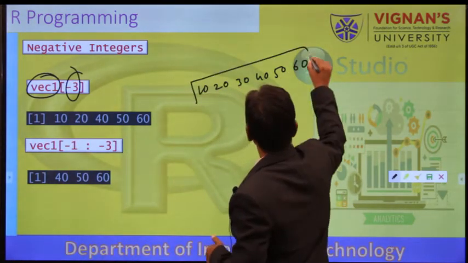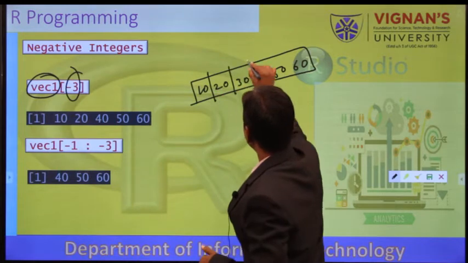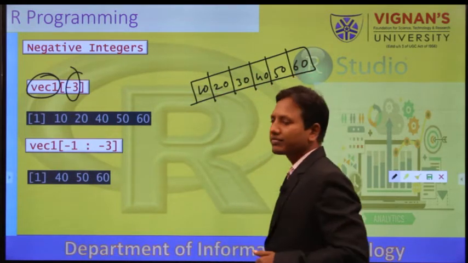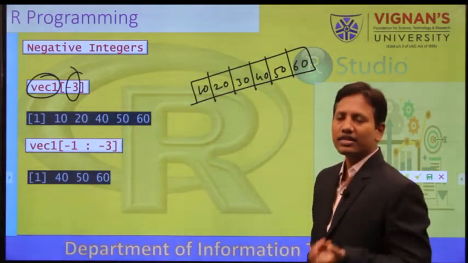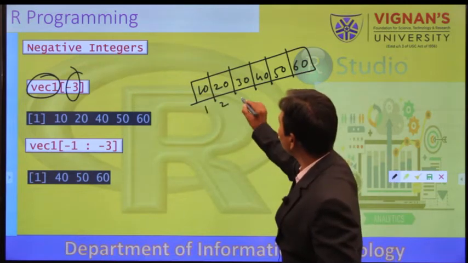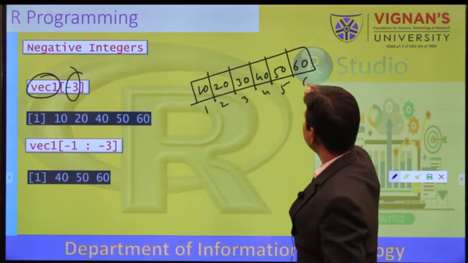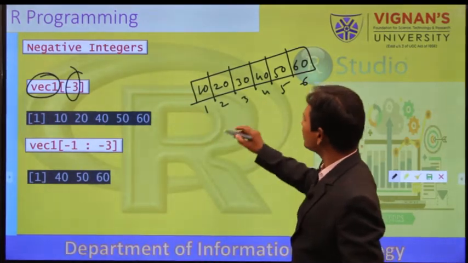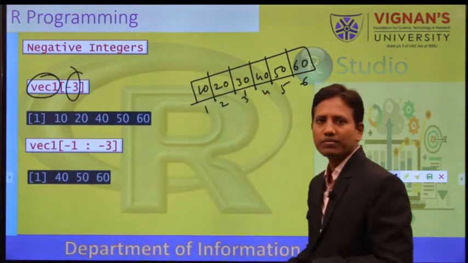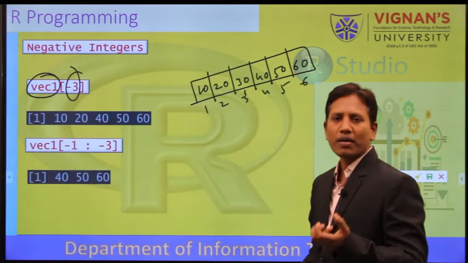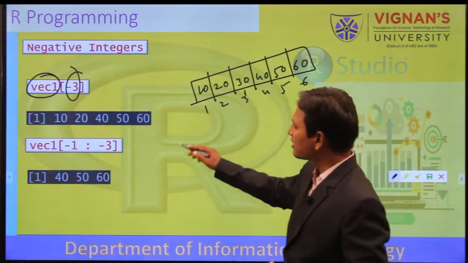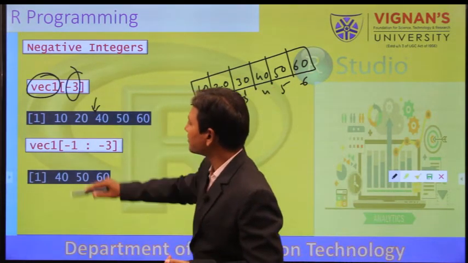This was our vector. And the index values are 1, 2, 3, 4, 5, 6. And the third index was this one. So what happened? The third index 30 is missing here.